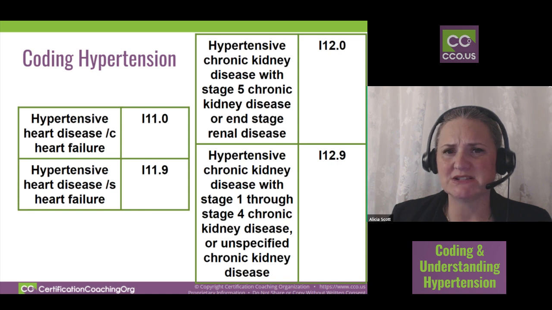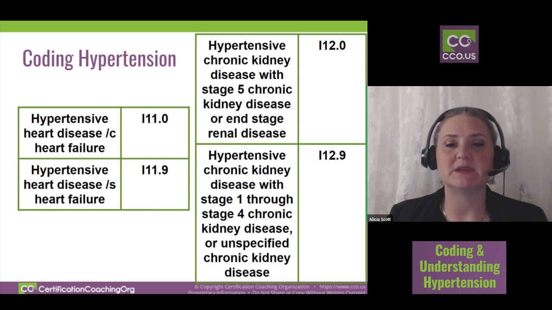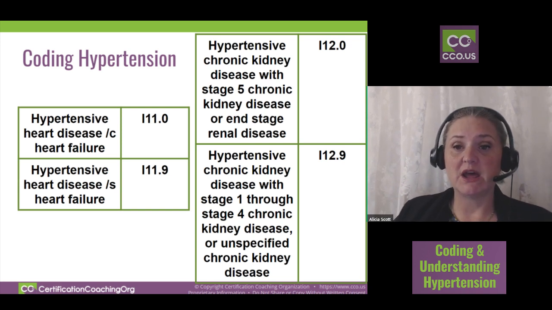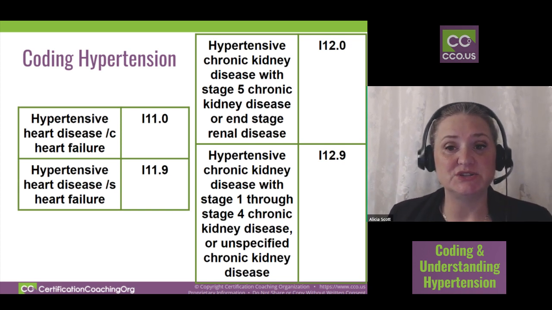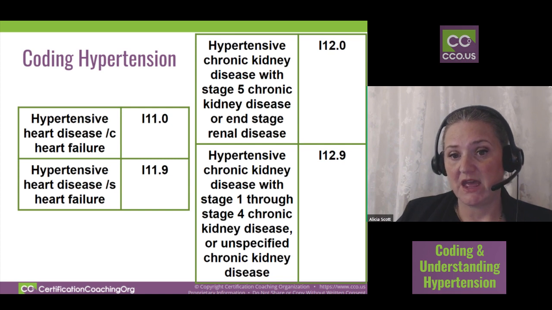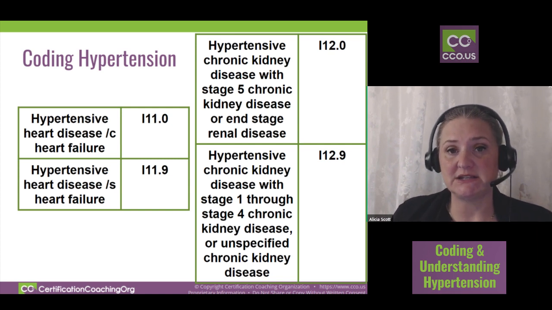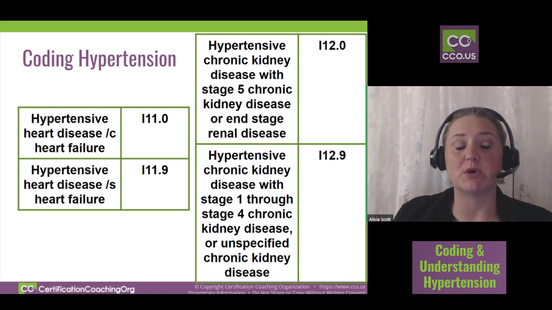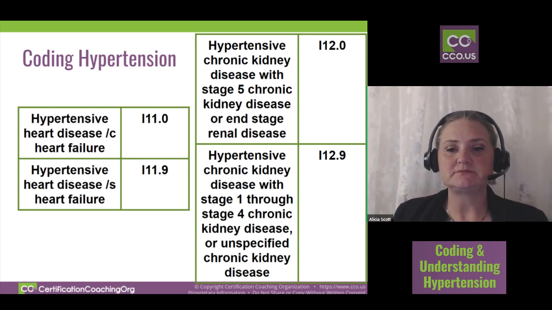I can't remember what ESRD is. You can look it up, but you will code another code besides I12.0. And CKD is N18 point dash, meaning there's another number or character that you need.